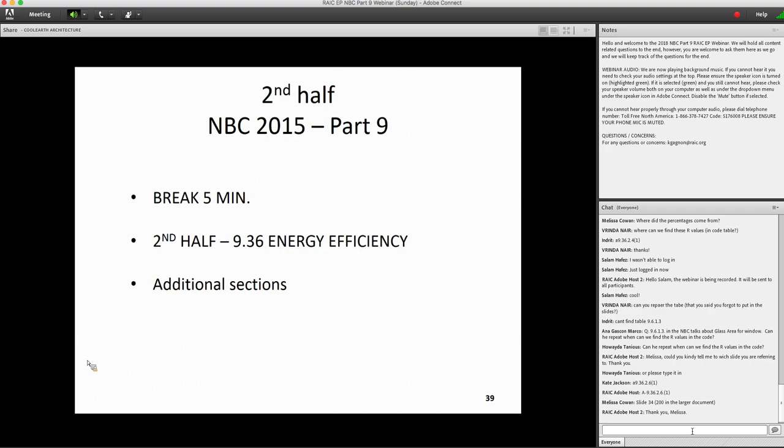So did he say per millimeter? Okay. For example, for a thickness of material, it's 100 millimeters. Thermal resistance, it's that.